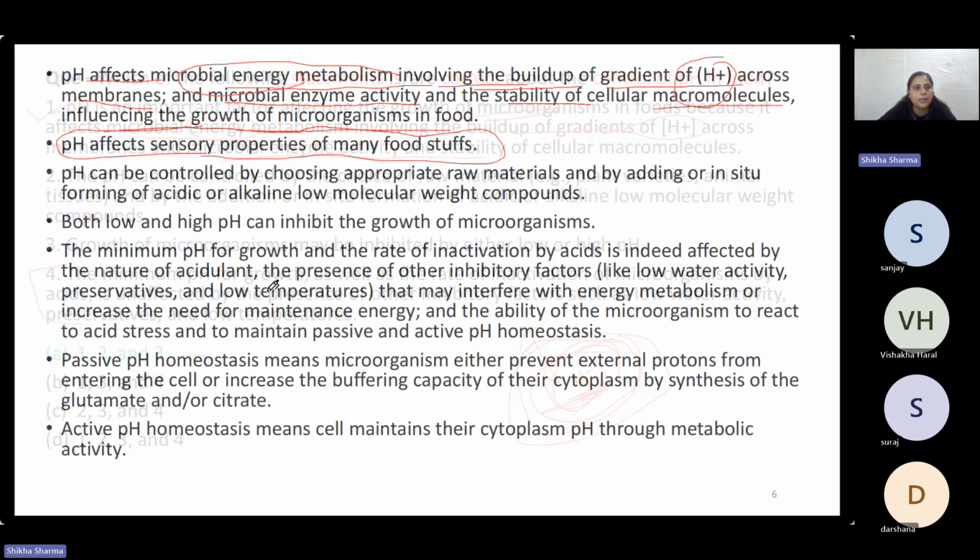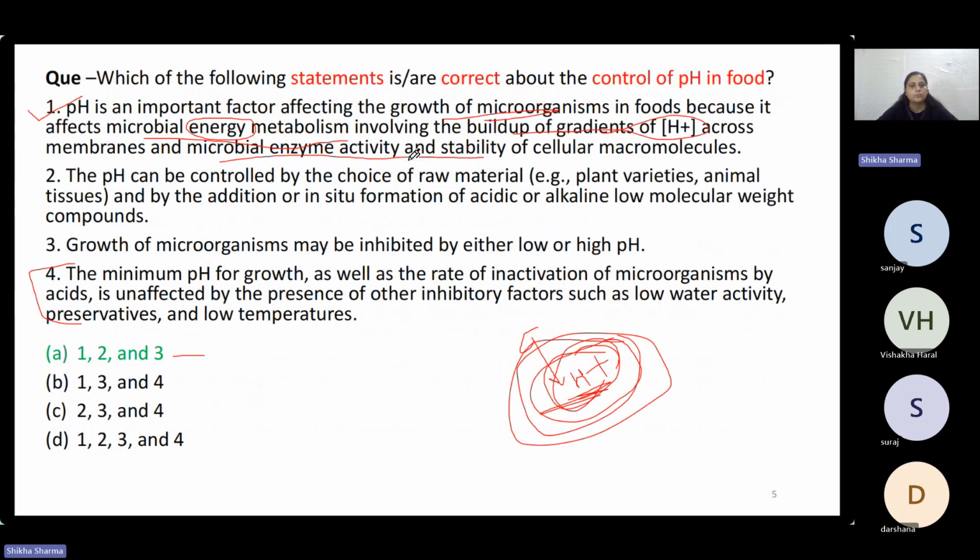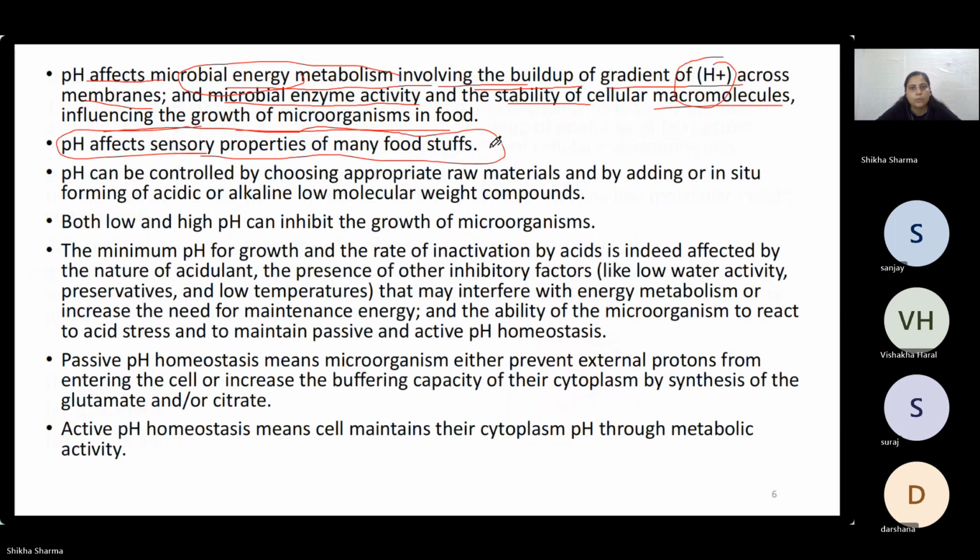Second, pH also affects the sensory property in many food products. If the pH is very low, that means highly acidic food, and we can feel the sour food product, right?